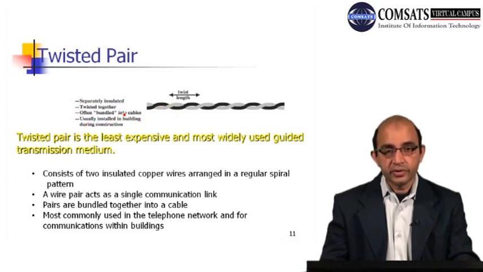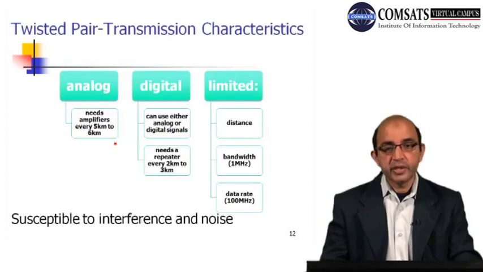And we can also have bundles of those pairs that are packed into a single cable, right? And these are being used in buildings, right? So these are the transmission characteristics for twisted pair.